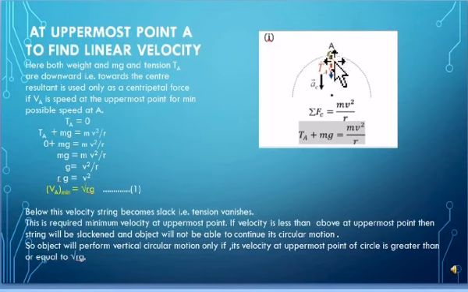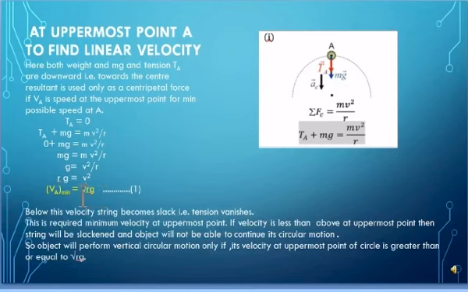For minimum velocity, tension TA is equal to 0. So the resultant of these two, TA plus mg, is equal to mv square upon r. Substituting TA equal to 0 and simplifying, I get the equation v square is equal to Rg. Now VA minimum is equal to square root of Rg.